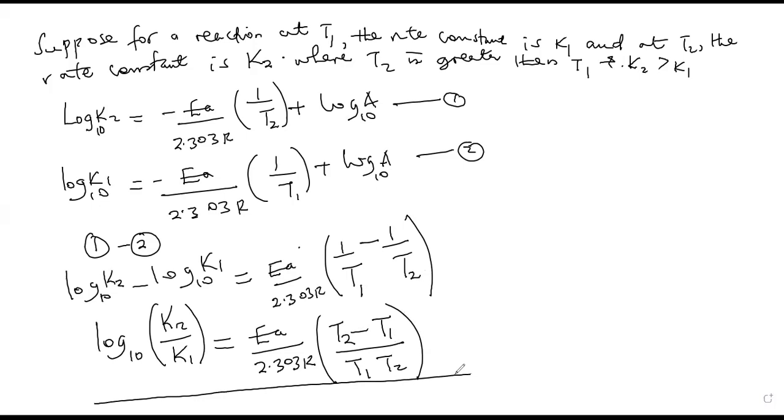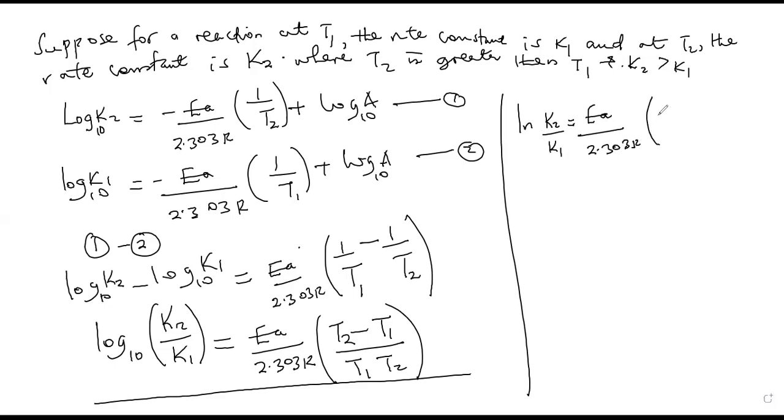Alternatively, one can write this as ln K2 over K1 is equal to EA out of 2.303 R of T1 minus T2 out of T2 T1.